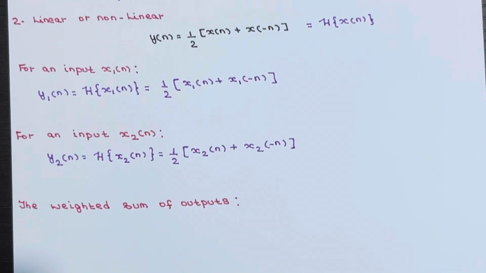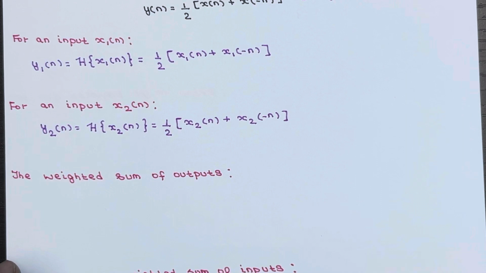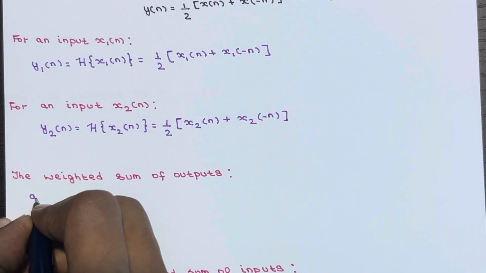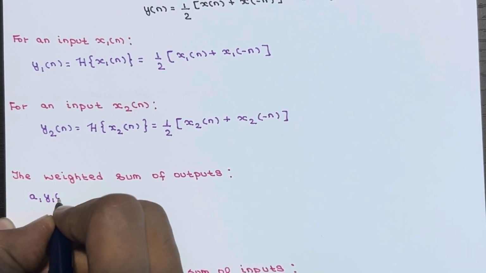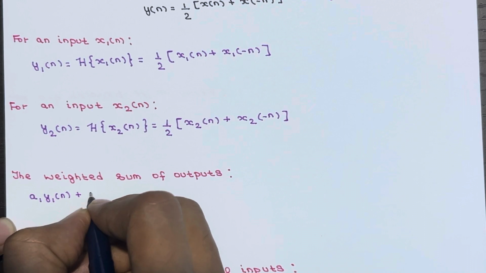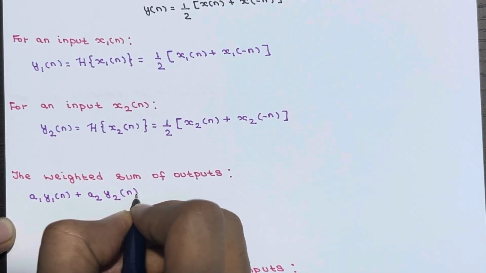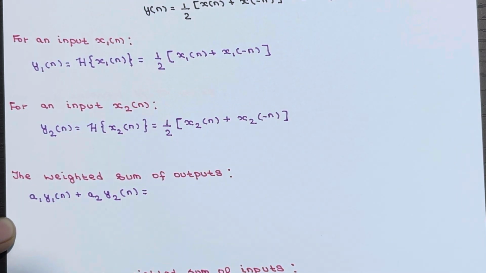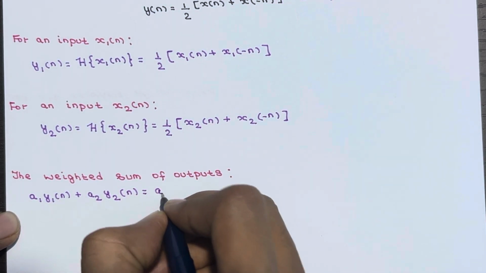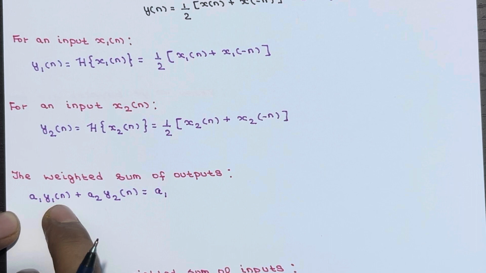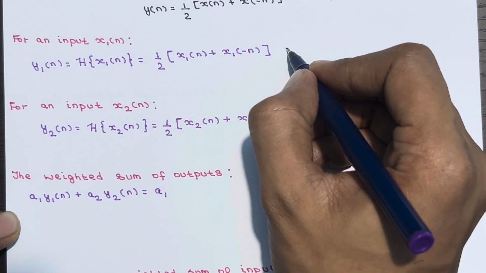Fine. Now let's calculate the weighted sum of outputs. The weighted sum of outputs means you have to calculate a1 into y1 of n plus a2 into y2 of n. Clear? So let's calculate. a1 into y1 of n. What is the value of y1 of n?